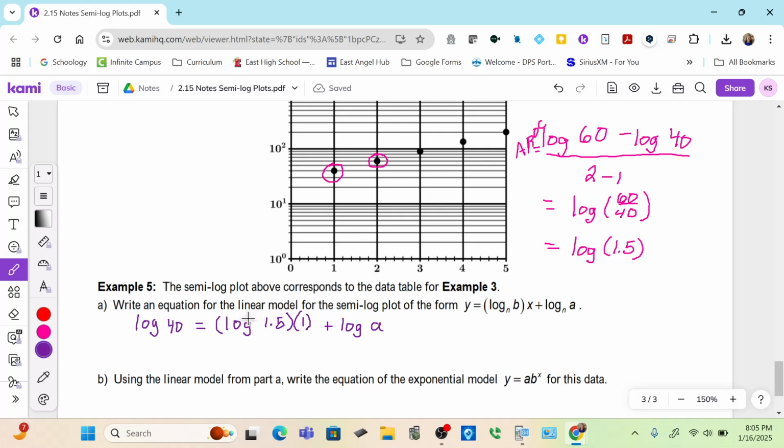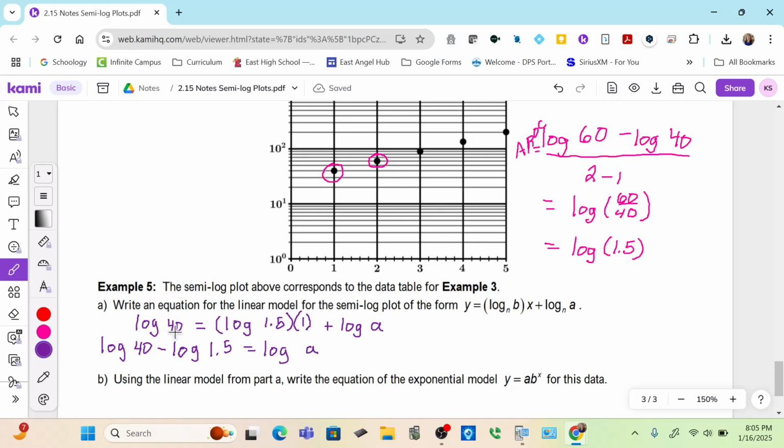Well, I know that log of 1.5 times 1 is just going to be log of 1.5. So to get log of a by itself, I'm going to do log of 40, and I'm going to subtract the log of 1.5. And that's going to equal my log of a.